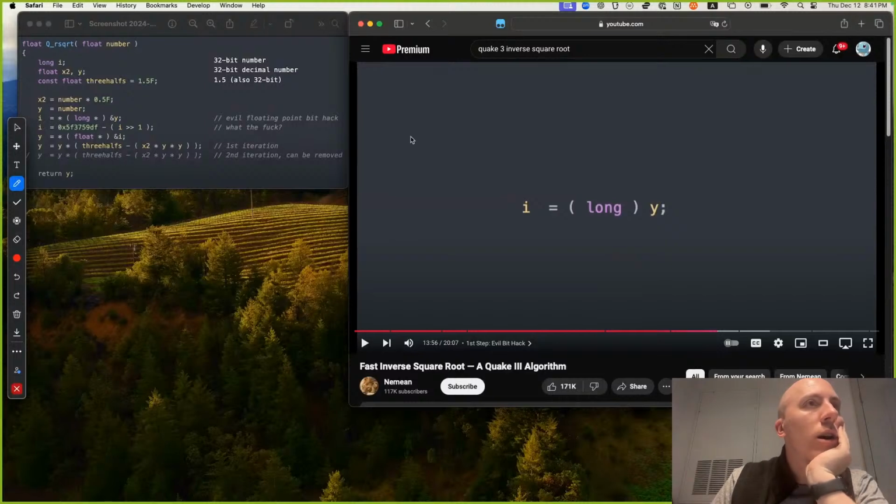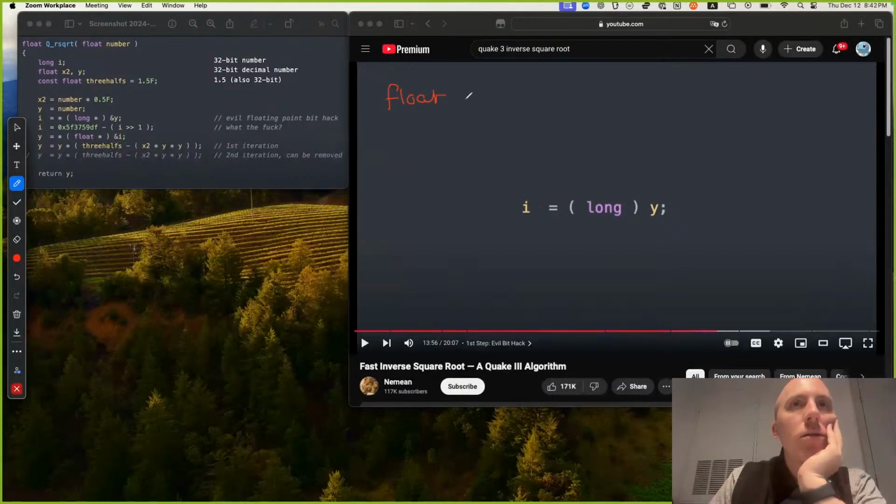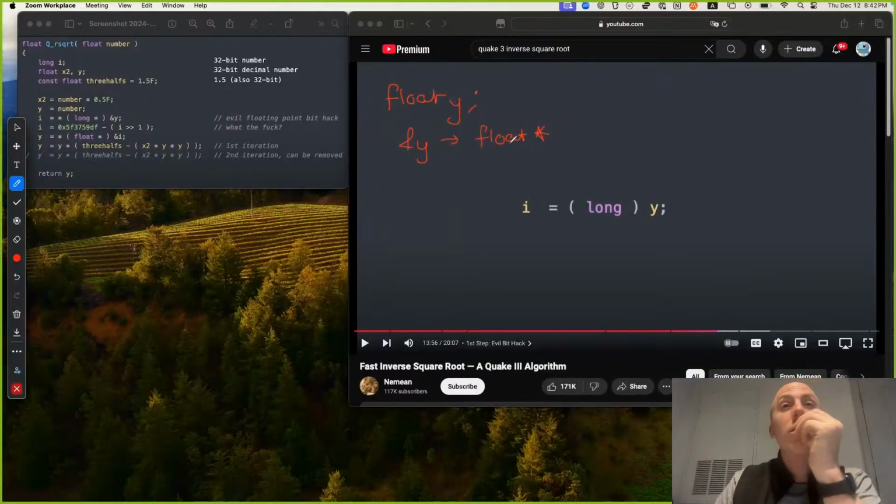So we start off with y, which is just a float. Then we take the address of y, and that gives us a pointer, a variable of type float pointer. So that just gives us a pointer to the float. That's the address of y thing here.